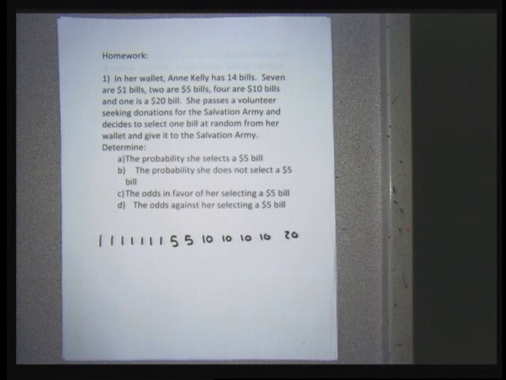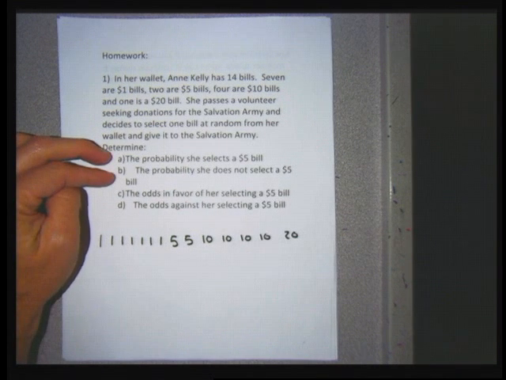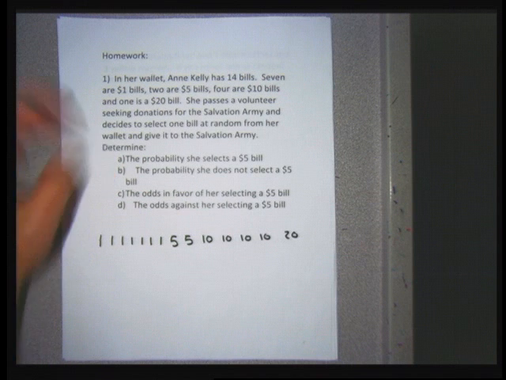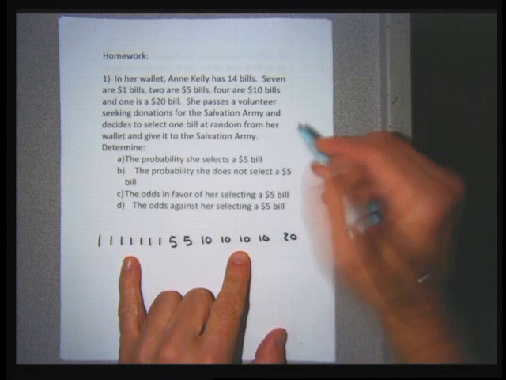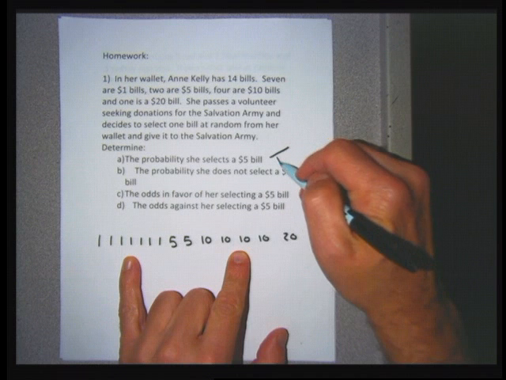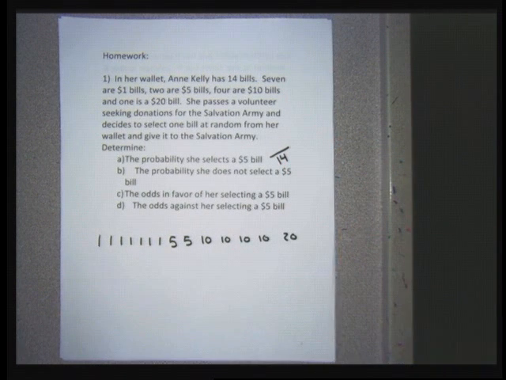But anyways, so the first 2 parts of number 1 are probability questions, and in probability questions, the denominator is going to be the number of items in the sample space. So Anne can pick any one of these 14 bills. So in part A of number 1, the denominator for a probability is going to be 14, because when she's selecting a bill, she can pick any one of the 14 bills she has in her wallet.